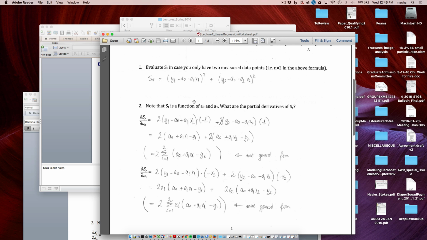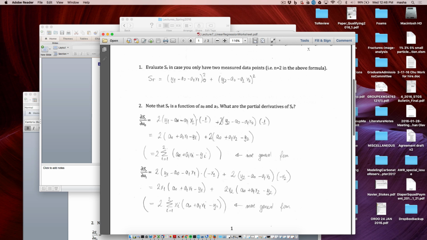So is everybody clear on this partial derivative? Did you get something similar? We're getting there. And the second one is the same, it's just that now this is the term that has a1, and I'm doing a partial derivative with respect to a1.